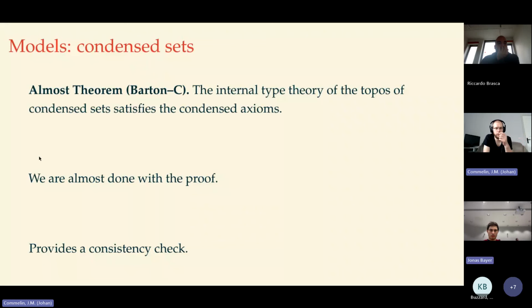What we proved is that the topos of condensed sets satisfies all of these condensed axioms. So whenever you prove something in condensed type theory, that automatically gives you a theorem about condensed sets. This also provides a consistency check that our type theory has a model, and so it is not inconsistent. Well, unless ZFC is inconsistent, but let's not think about that. So it's a relative consistency check.